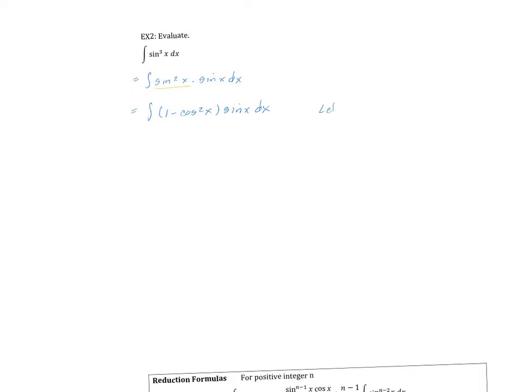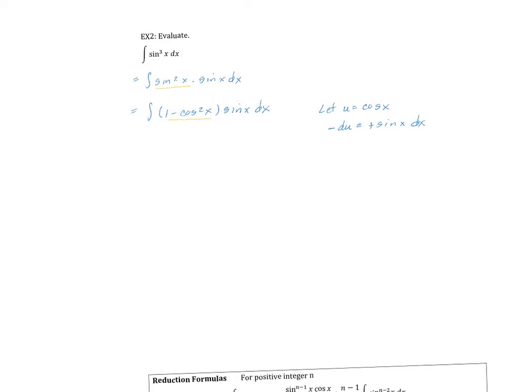So if I let u equal cosine of x, that means that in the parentheses, this will be 1 minus u squared. And also, my du is going to be negative sine of x dx, right? Which is just negative du is sine of x dx.